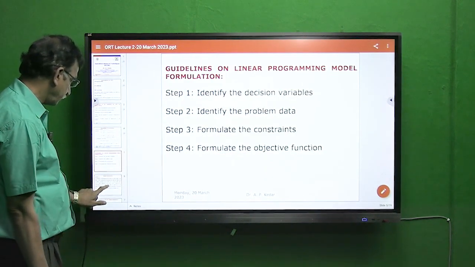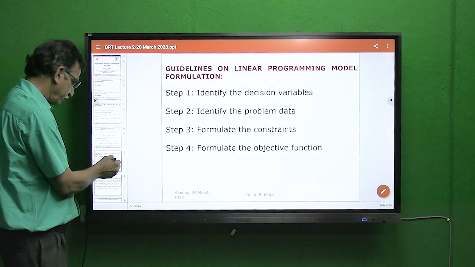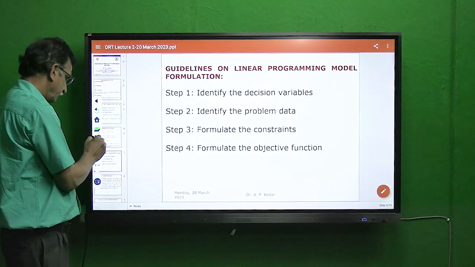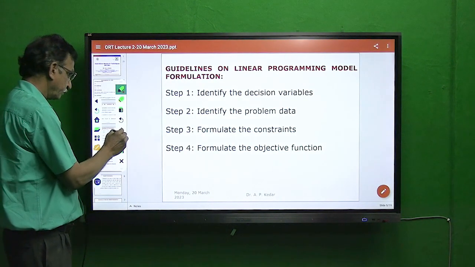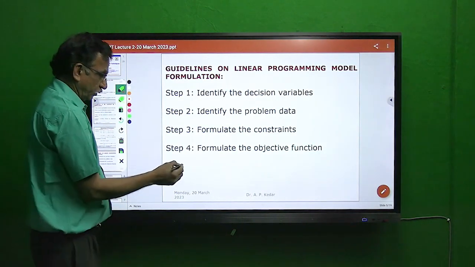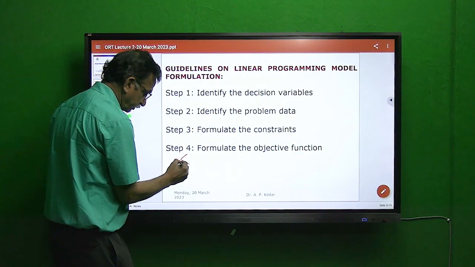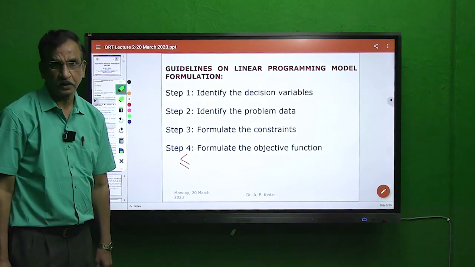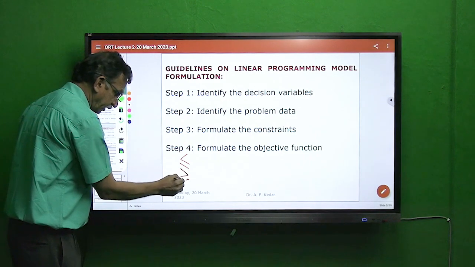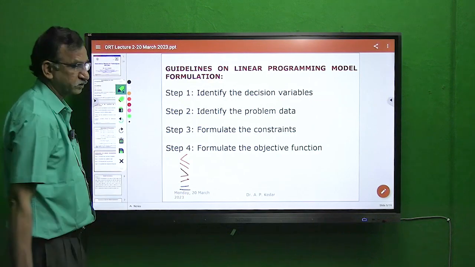Once we are ready with the guideline, again before going to the problem, let me explain one thing that is very much important. When we are putting constraints, we have to put a logical relationship like this, or like this, or like this.